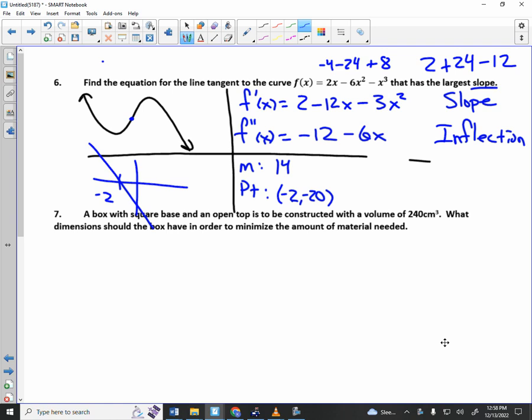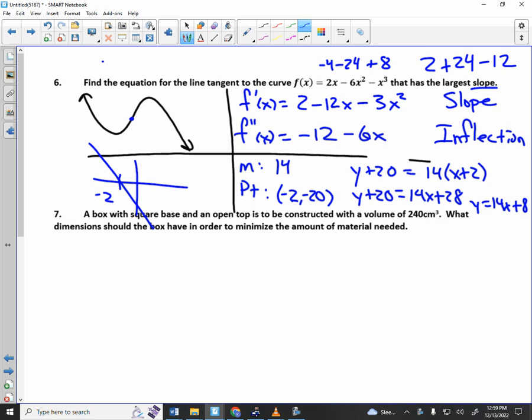So I now have enough information here to write my equation. y plus 20 is equal to 14x plus 28. Or y equals 14x plus 8.